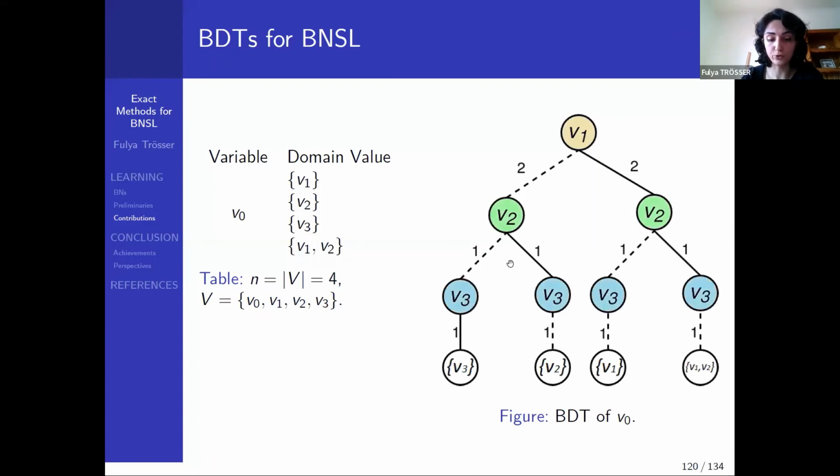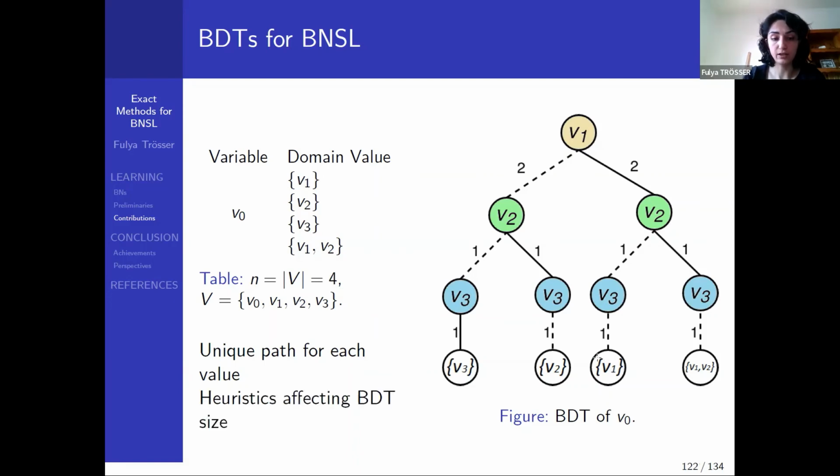The following nodes do the same for other variables until we have exactly one candidate parent set at each leaf node at the end.